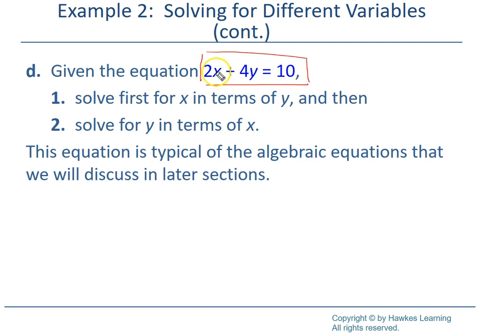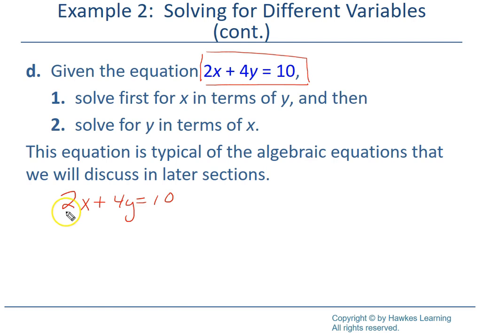This is a standard form of the linear equation in two variables, x and y. So we want to solve for x first. So let's put that over here. 2x plus 4y equals 10.